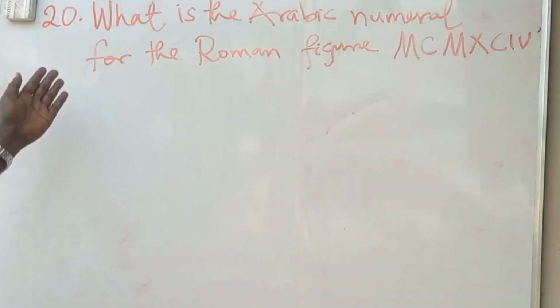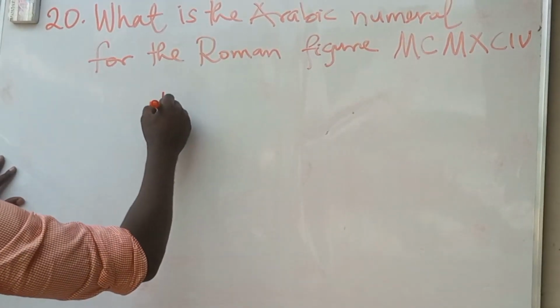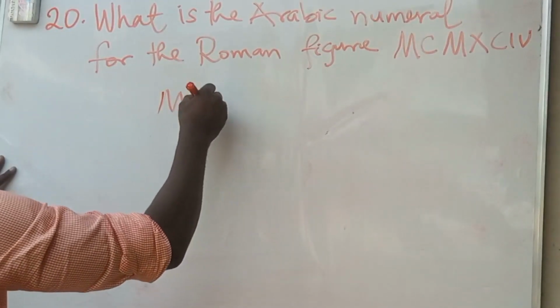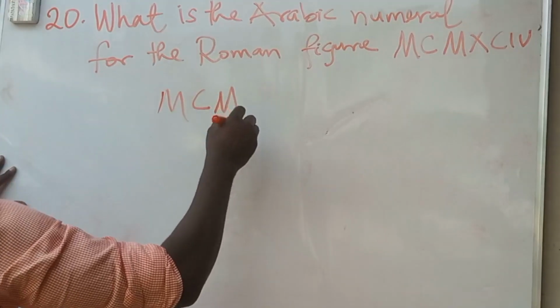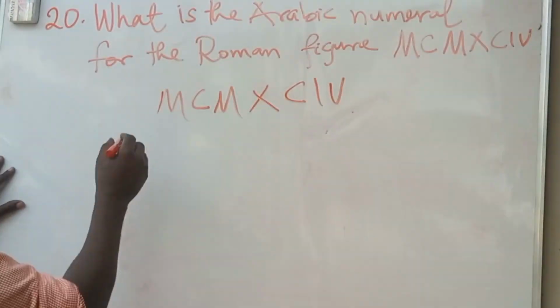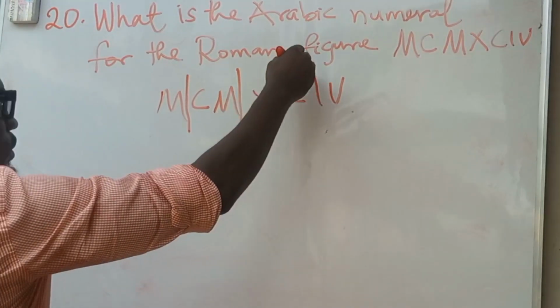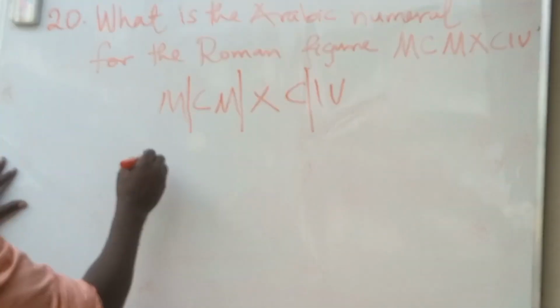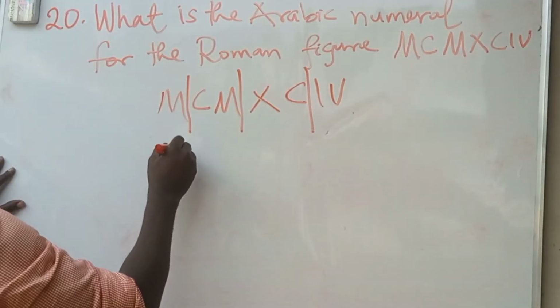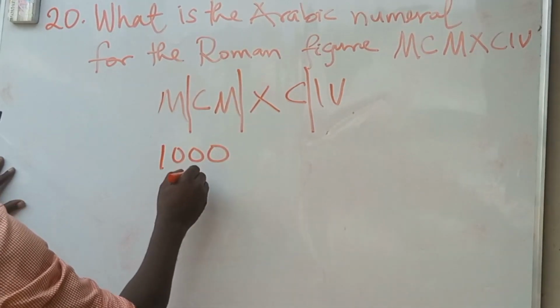Yeah, the question is, what is the Arabic numeral for the Roman figure MCMXCIV? Our duty is to rewrite and do justice to it. M is 1000. CM is 900.